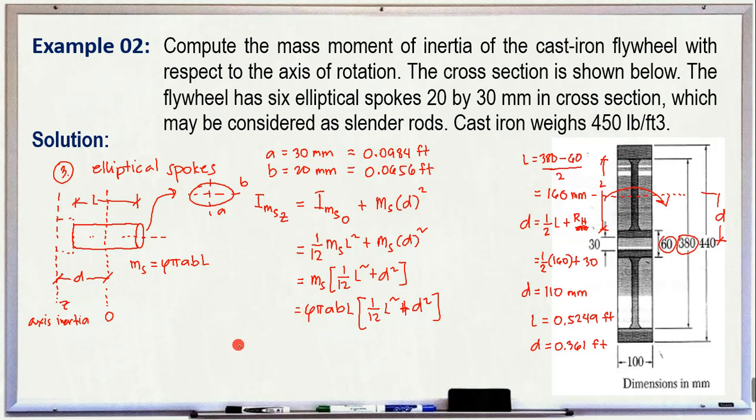Now our density, again, is 450 pound per cubic foot.